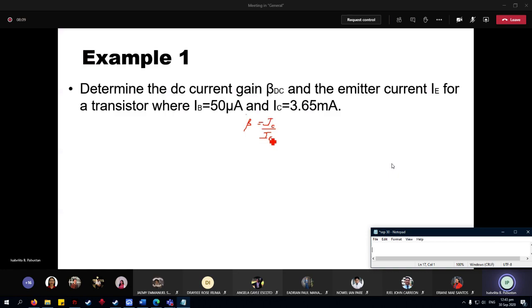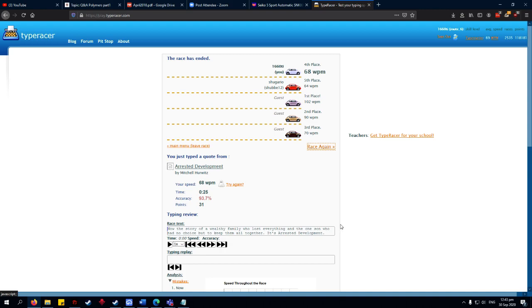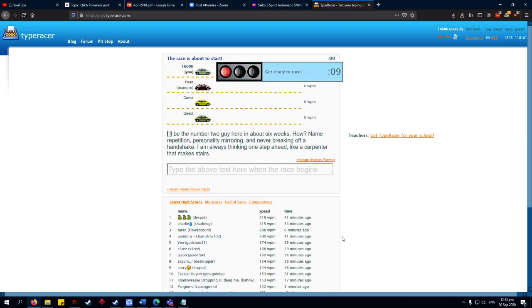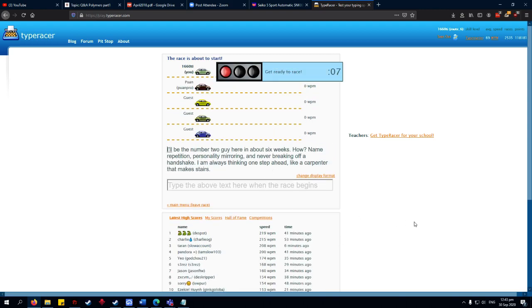Therefore, since the values are given, you just substitute the values. So beta is equal to 3.65 milliamperes divided by 50 microamperes. And what is your answer for that? Somebody talk, not chat, please. 73.